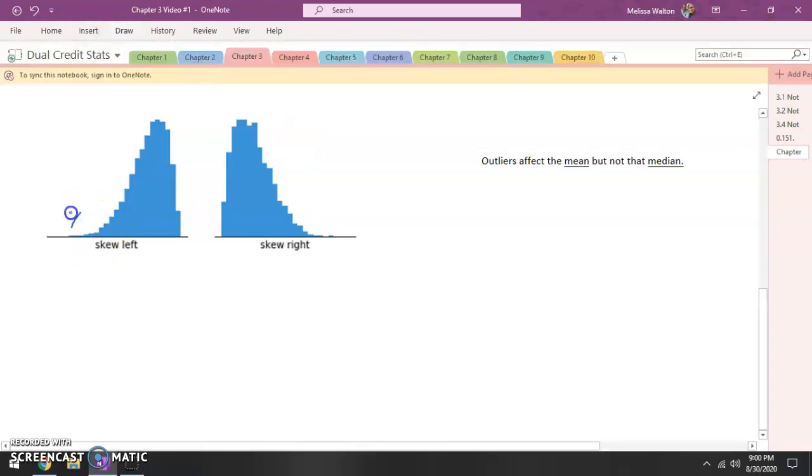This is the kid that slept 0 hours. The mean is being pulled in this direction. Your mean is being pulled, but your median stays for the most part the exact same. Same thing if we were skewed to the right. This is the kid that slept for 16 hours. This mean is going to be pulled to the right.